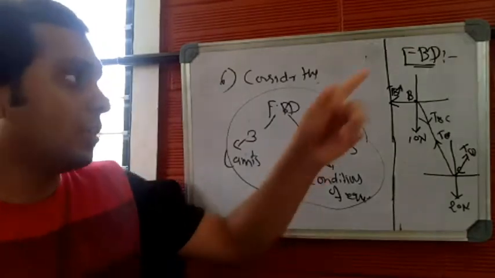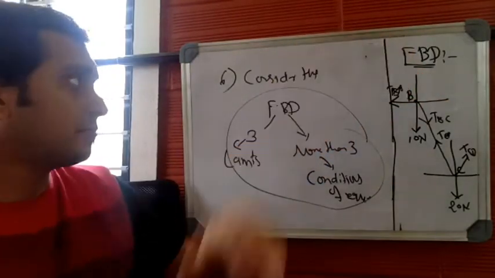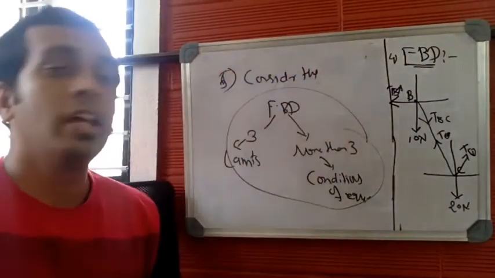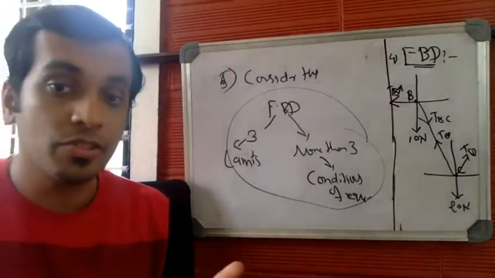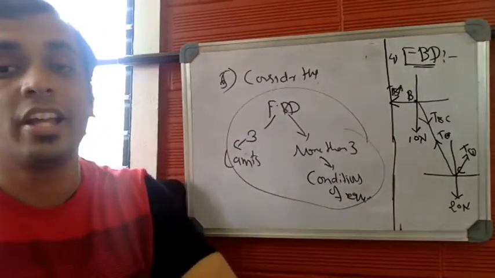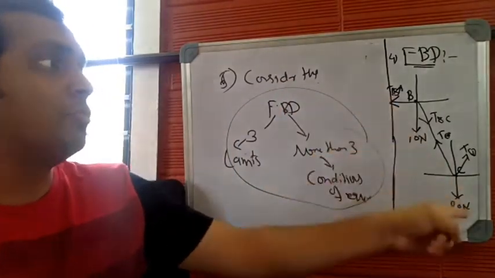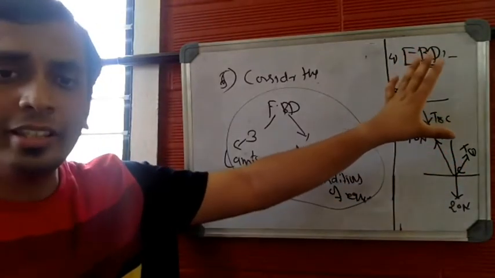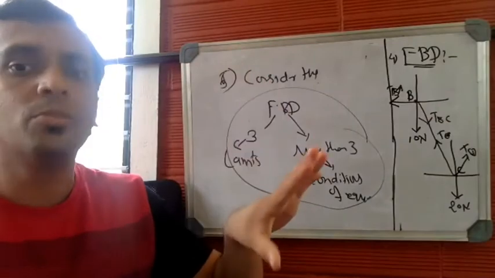So step 4 is to draw the free body diagram. In step number 5, you'll observe the free body diagrams which you have drawn. You get 2 free body diagrams, depending on the number of junctions. So here you have 2 junctions, B and C. Consider that particular free body diagram with the least number of unknowns.